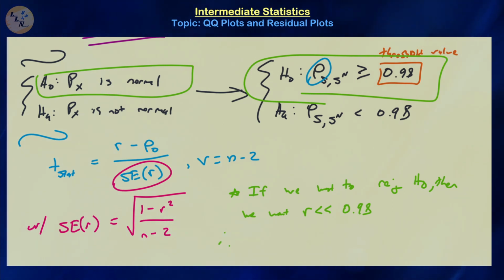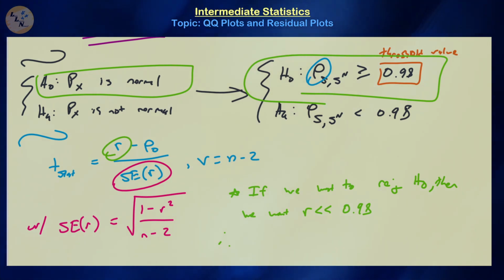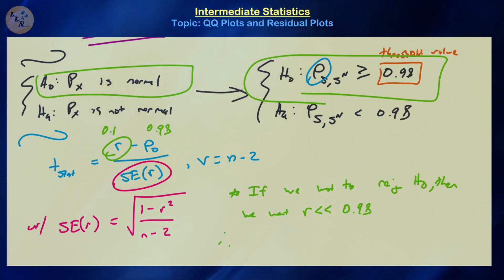If that is the case, that means we want our r value to be significantly less than rho 0. So if this is something really small, like 0.1, and this is like 0.98, that means the test statistic should be significantly negative. If that is the case, that means the t-stat should be significantly less than 0.